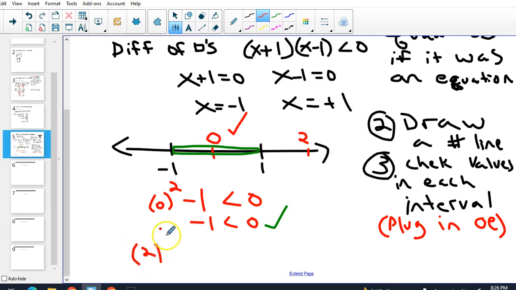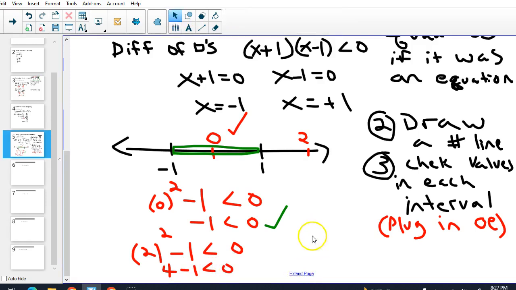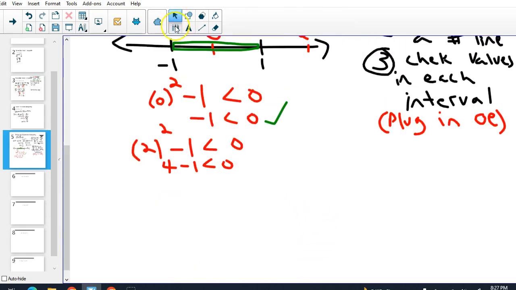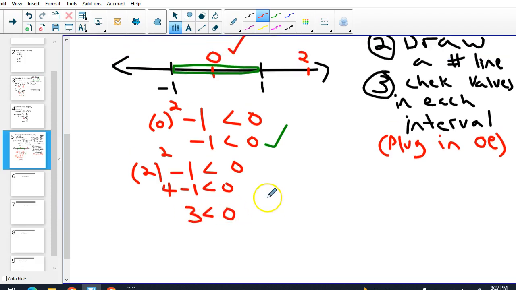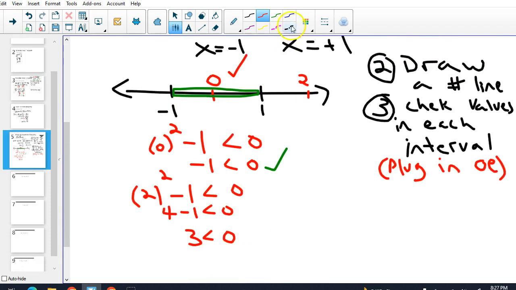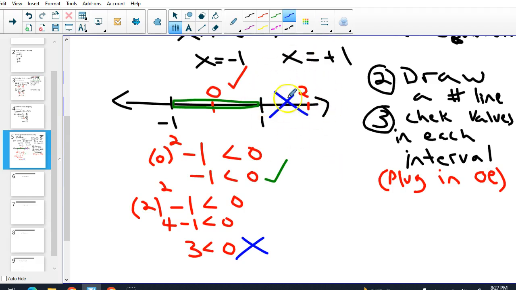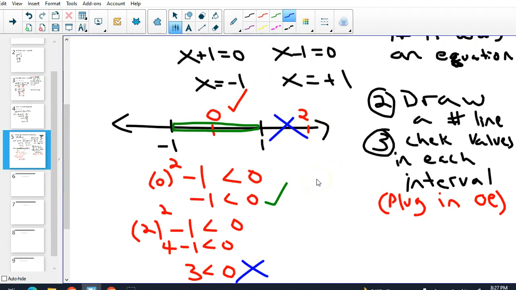So I have 2 squared minus 1 is less than 0. 2 squared is 4, 4 minus 1, that's 3. 3 is not less than 0, though. So this is not a true statement. So this is bad. We are not solutions if we're in there.